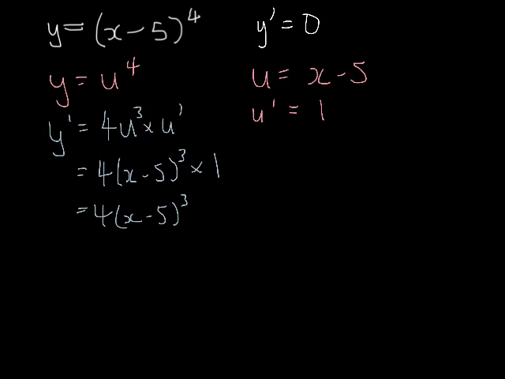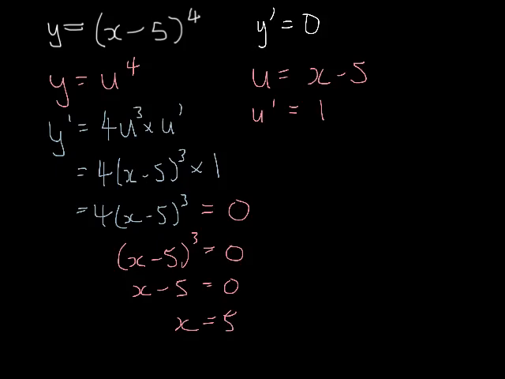Now, to find the coordinates where the tangent is 0, we have to set this derivative to 0. So, solving this, dividing both sides by 4, we have (x minus 5) to the power of 3 equals 0. Taking the cube root, we get x minus 5 equals 0, which means x is 5.